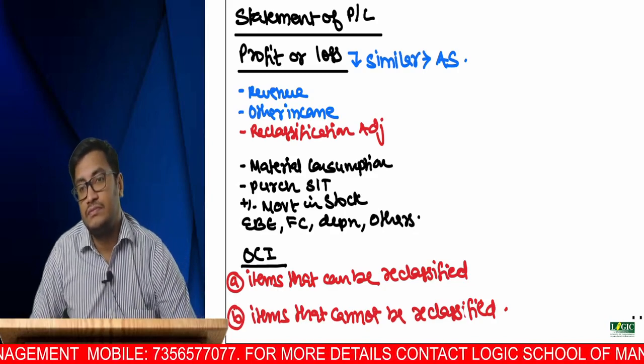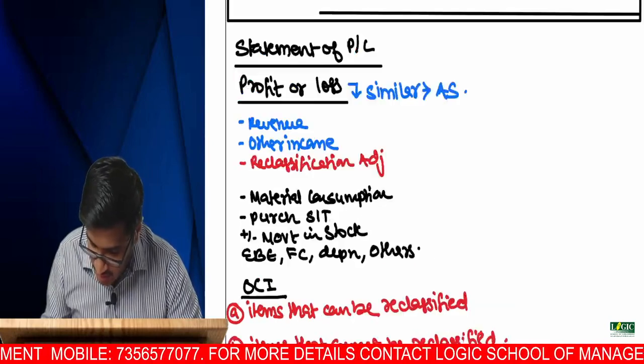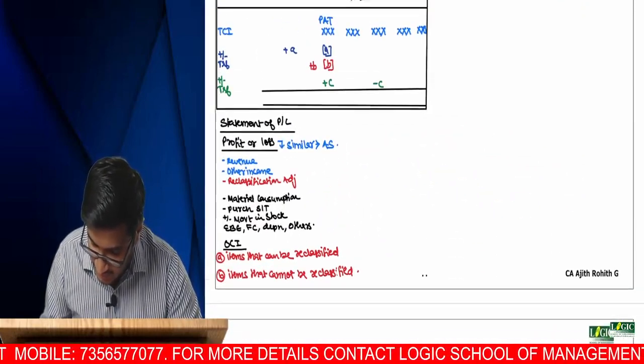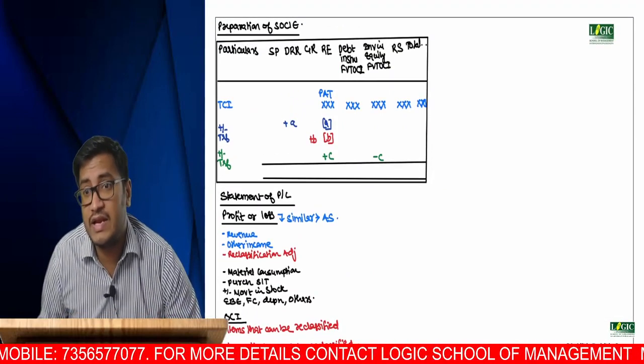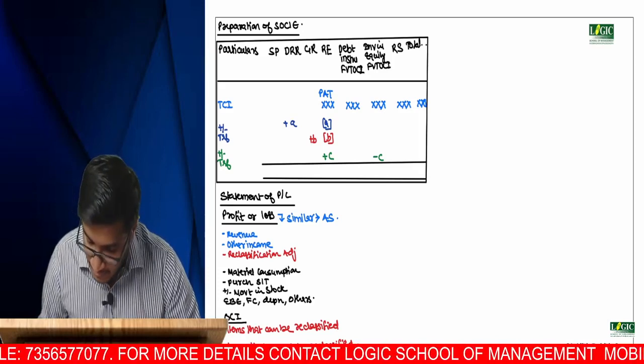Clear? So all those items will be there. So this is what we have seen in our statement of P&L. Clearly? Okay.